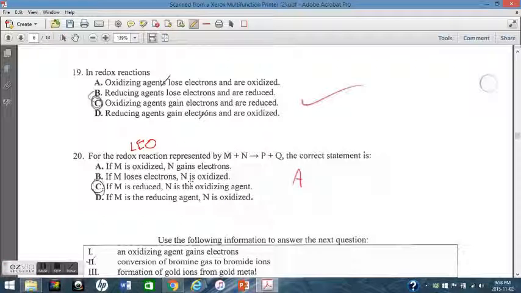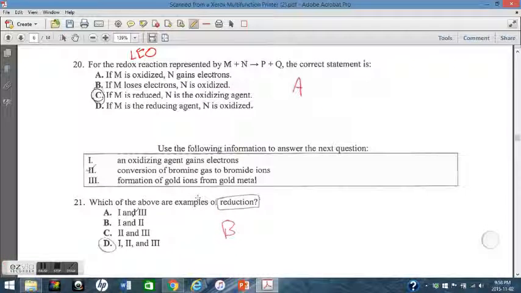But here we're saying M is losing electrons, which is oxidation, and N is also oxidized, so that doesn't work. Same kind of thing here. If M is reduced, it means it is the oxidizing agent. And then on D, if M is the reducing agent, which means it is oxidized, then N, they can't both be oxidized. Okay.